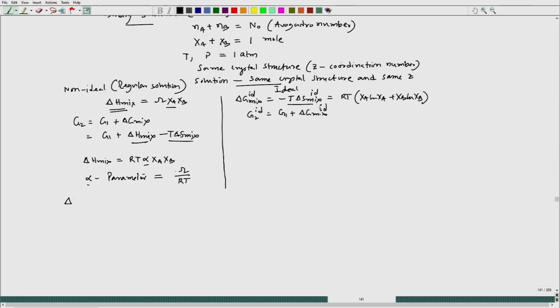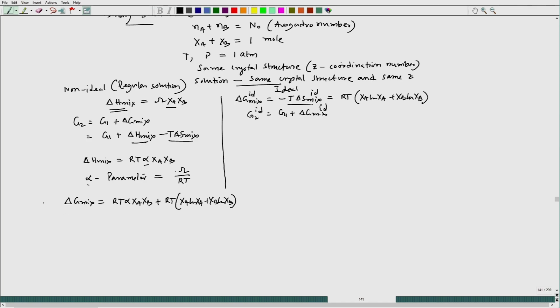Here delta G mix can be written as R T [alpha x_A x_B plus x_A ln x_A plus x_B ln x_B].